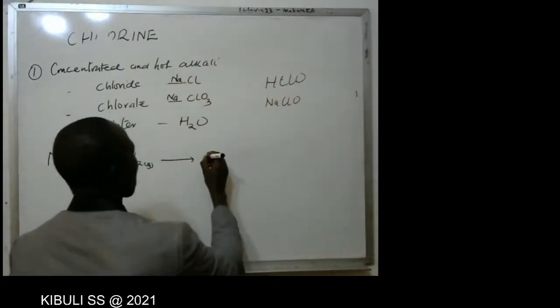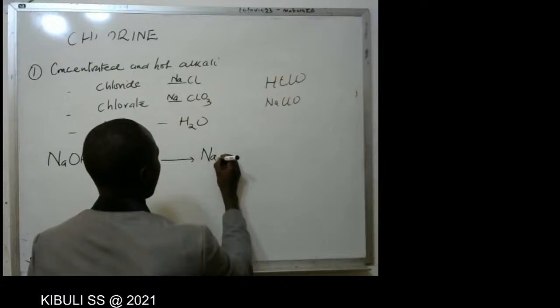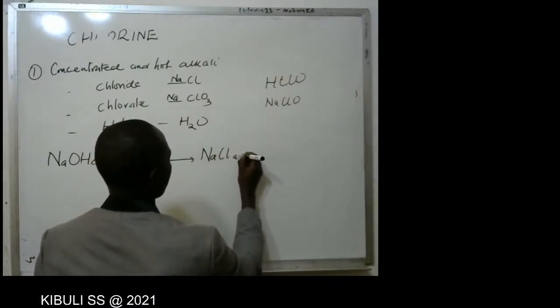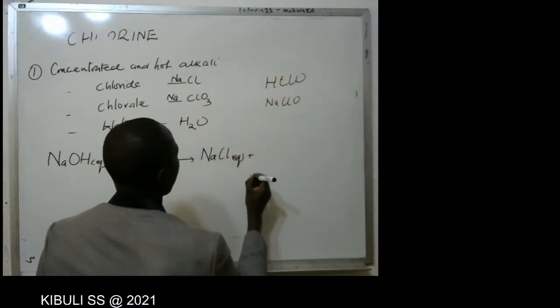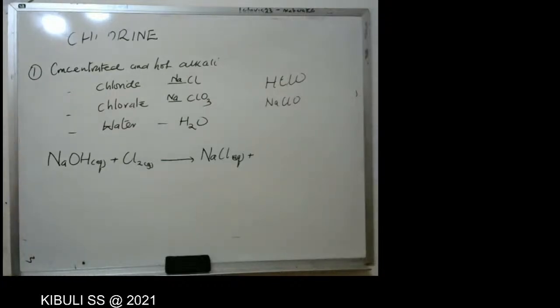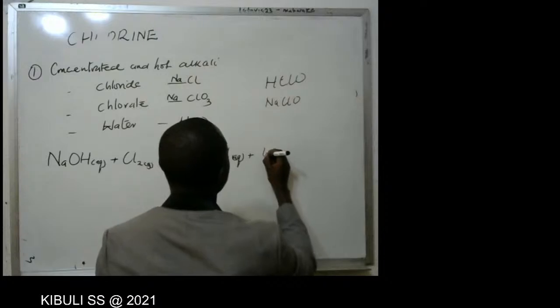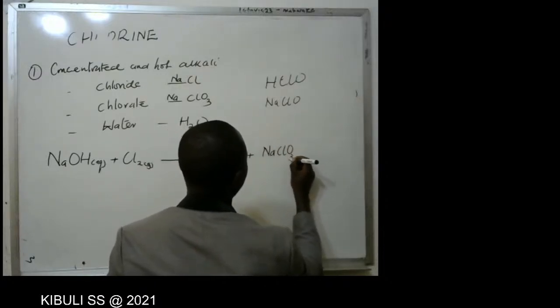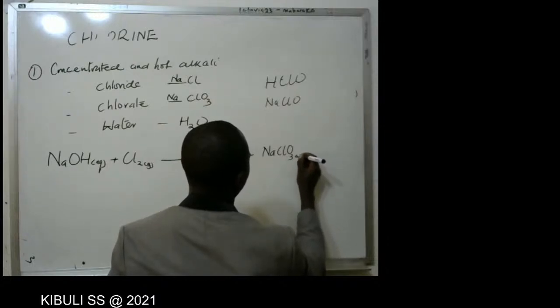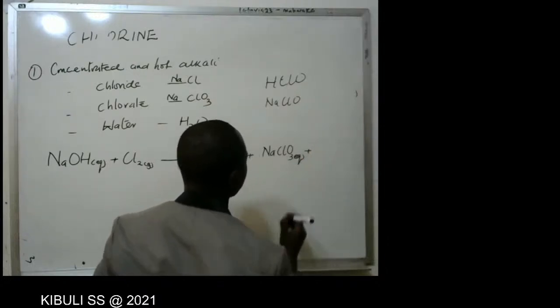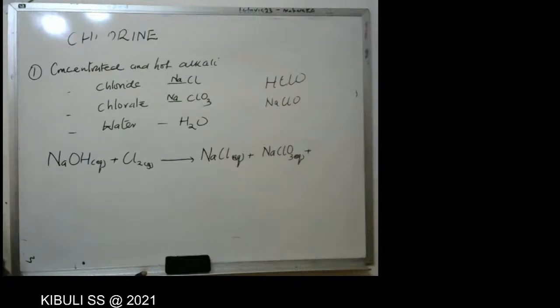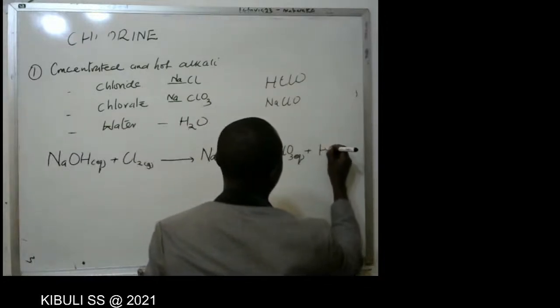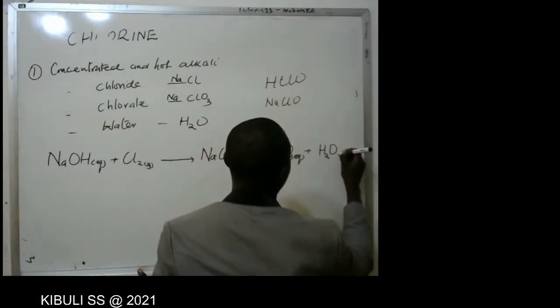Sodium chloride, NaCl, aqueous, plus, we talked about sodium chlorate. The sodium chlorate is NaClO3. It is also aqueous. Plus, what else has been formed? Water as a liquid.